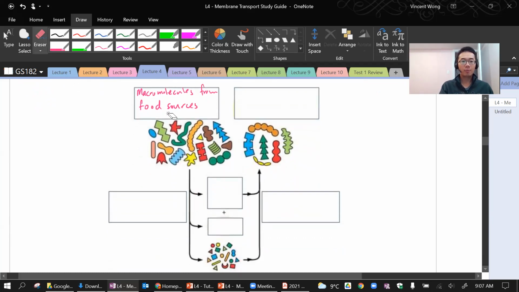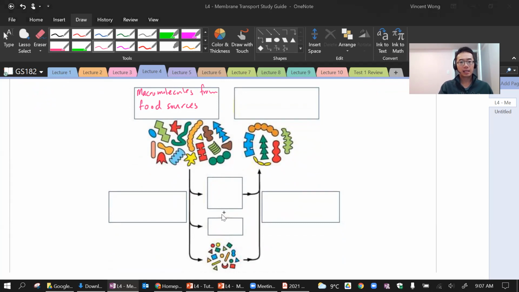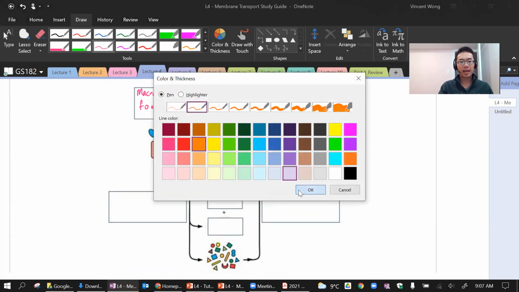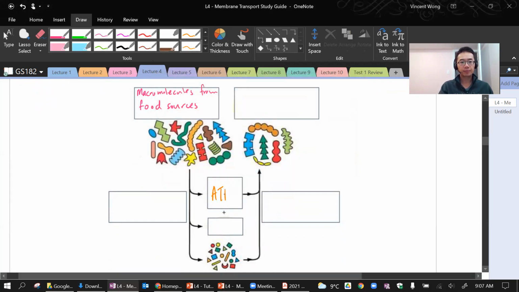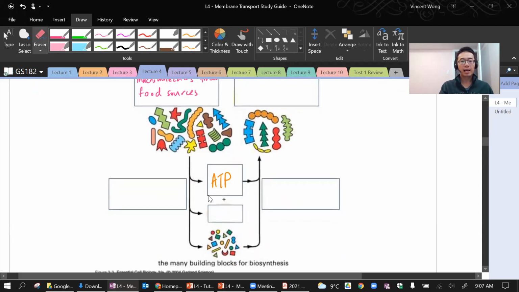So when we break down these macromolecules into their monomers, you would extract the energy. And then the energy will be captured to produce ATP, adenosine triphosphate. This is the preferred form of energy in the body. And it's not a very efficient process.